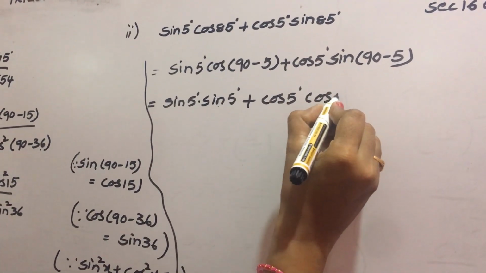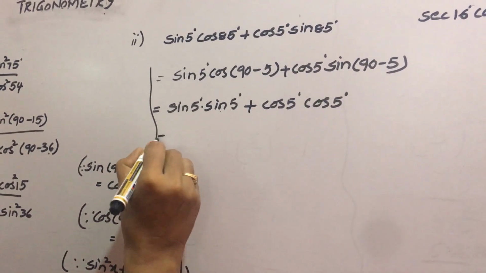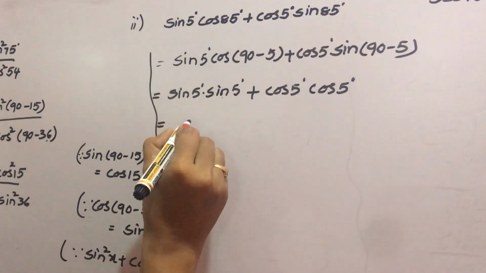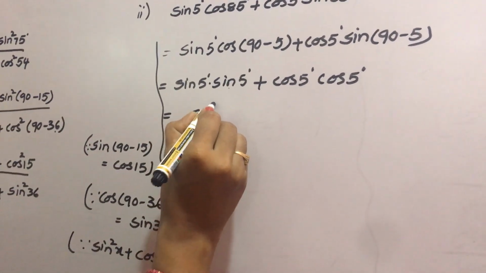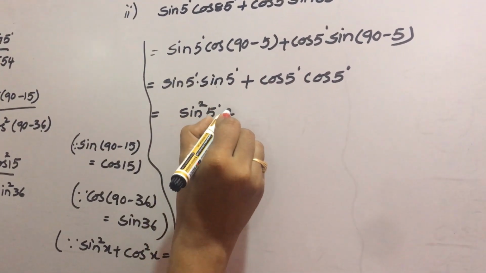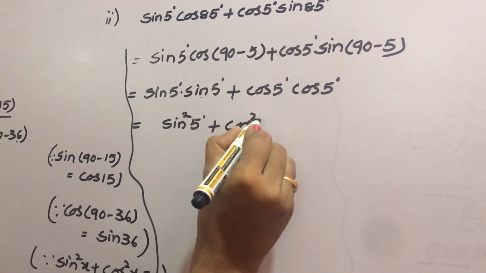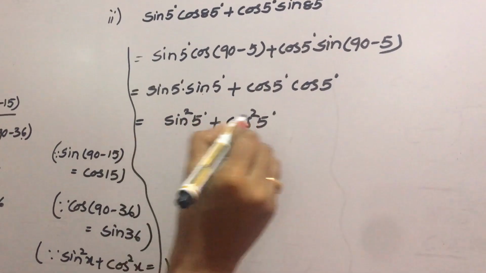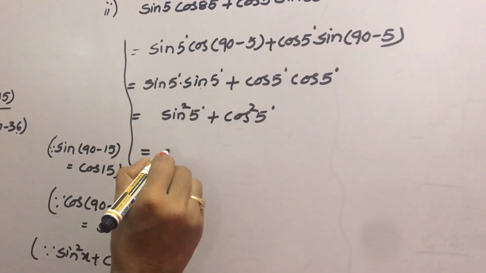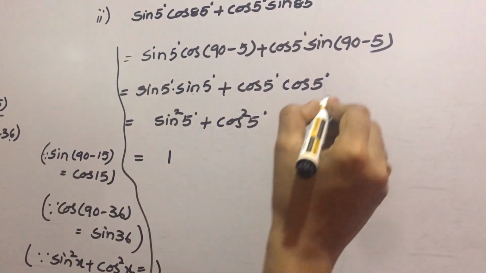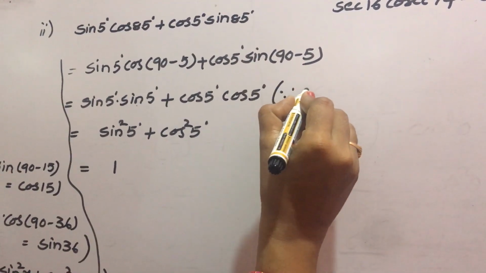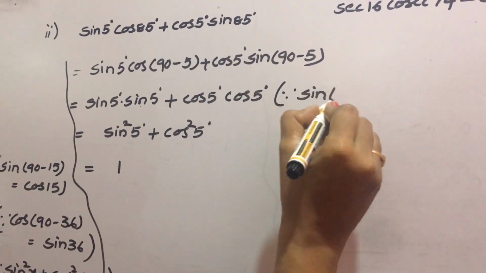Cos 5 degrees, which is equal to sin 5 degrees into sin 5 degrees is equal to, we know, sin square 5 degrees plus cos 5 degrees into cos 5 degrees is equal to cos square 5 degrees. Here we have the first trigonometrical identity, that is 1. See here we used the complementary angles.